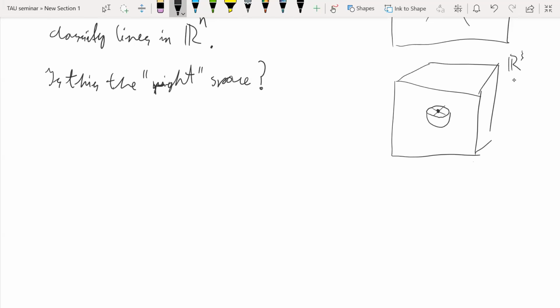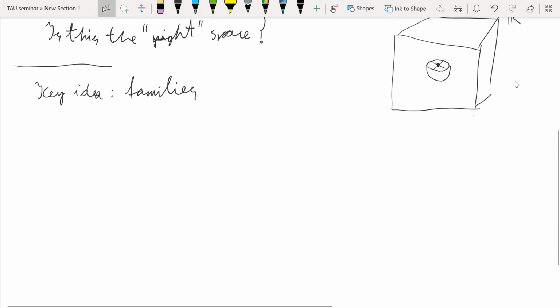In the theory of moduli problems and moduli spaces, this is actually resolved by a notion of not just considering single objects like those lines through the origin, but of families. So the key idea is families. So what does that mean? If we have some family, then it should be indexed by something.